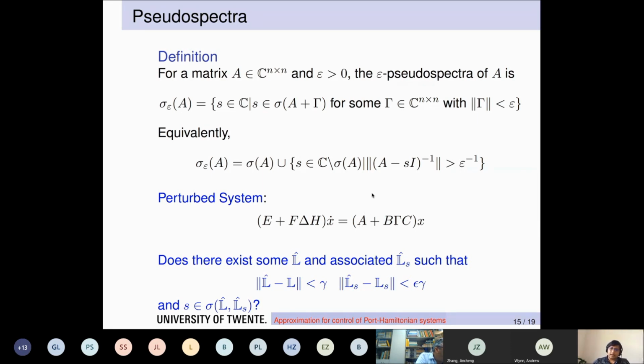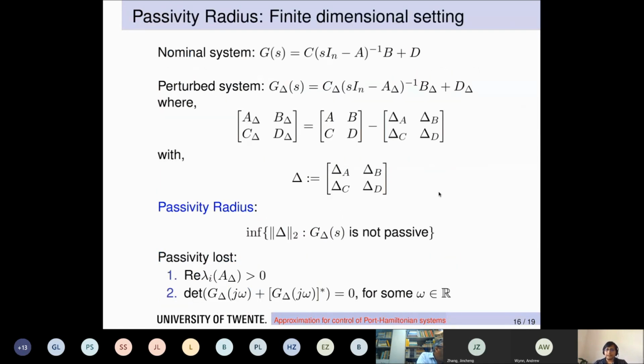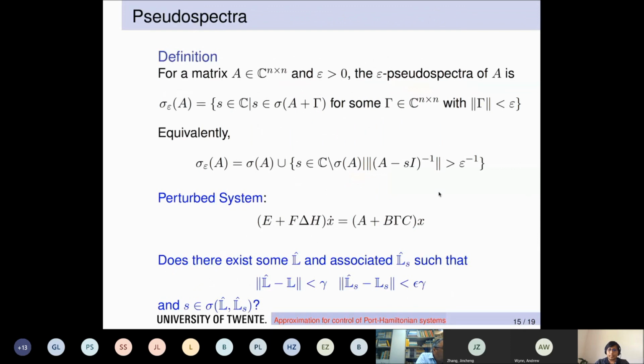And this perturbation is a structured perturbation, and we also consider the perturbation in the system matrix and also the E matrix. So now the problem can be formulated as finding a Löwner matrix and shifted Löwner matrix near our computed Löwner matrix, which can be bounded, and whose eigenvalues are in the pseudospectra of these newly found Löwner matrices.